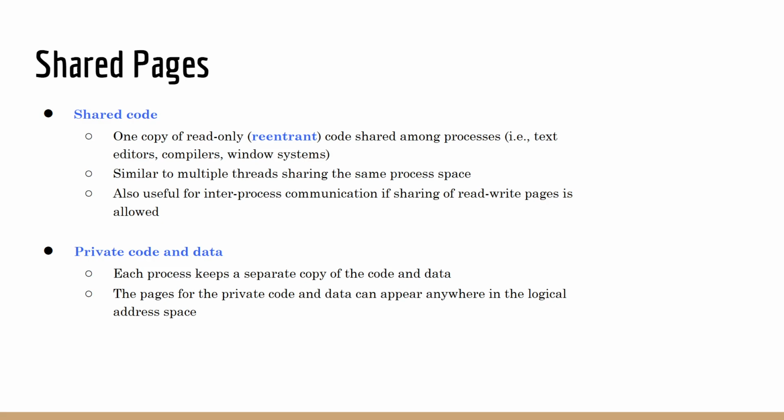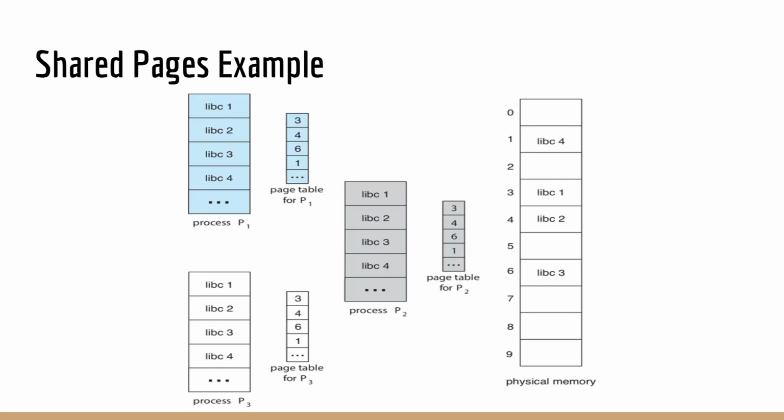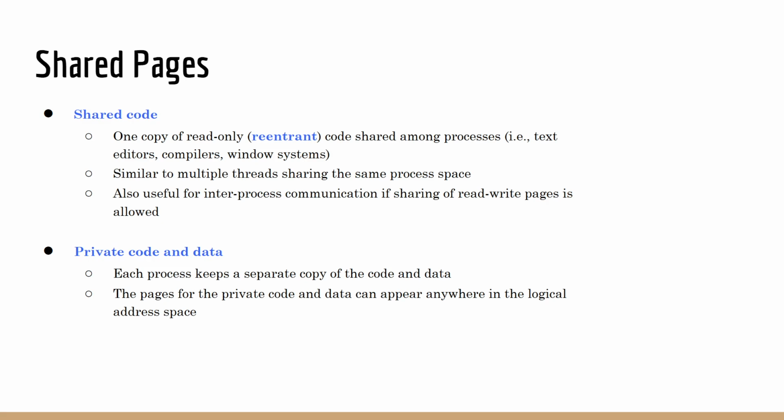One of the most powerful advantages of paging is the ability to share common code between processes. Think about system libraries like the standard C library, also known as libc, which is used for almost every program on a Linux or Unix system.